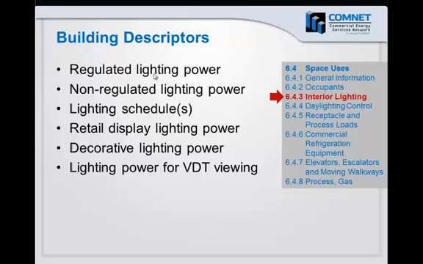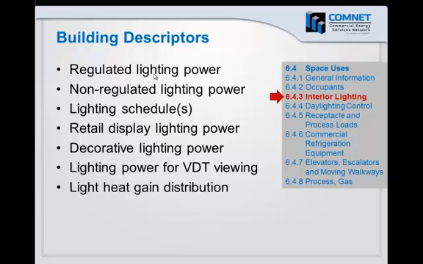And then 90.1 2001 has another special allocation for VDT viewing, video display terminals. This was actually eliminated in later versions of 90.1, but since it's still in 2001 and we're supporting tax credits which reference 2001, we need to know this information.